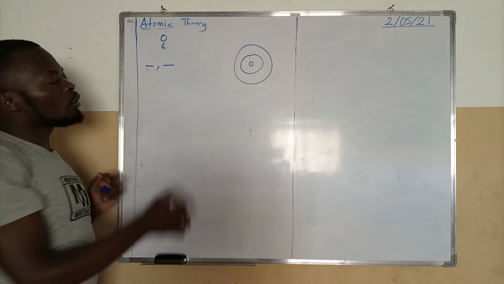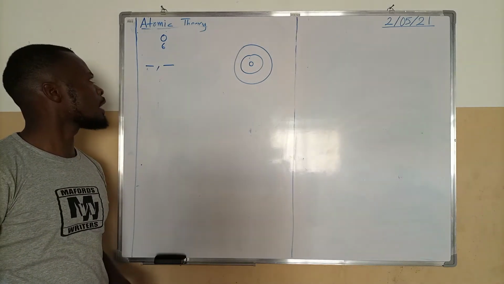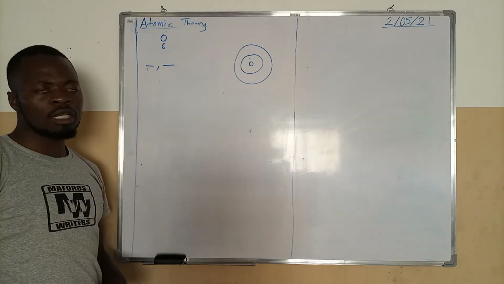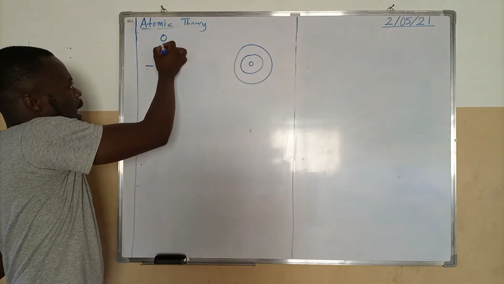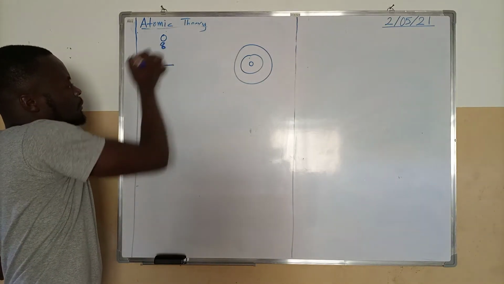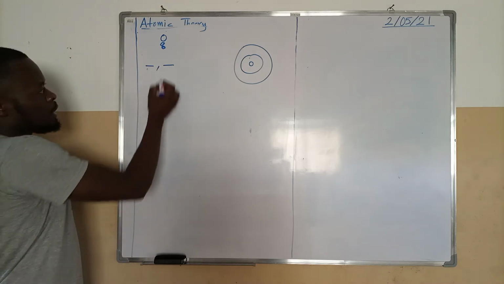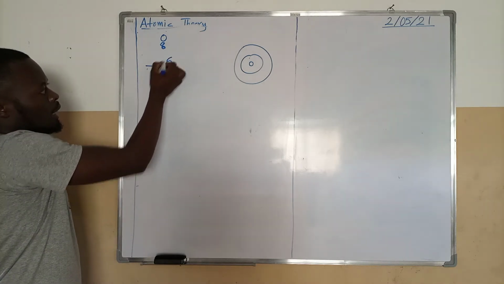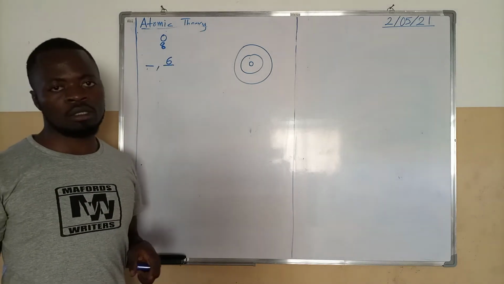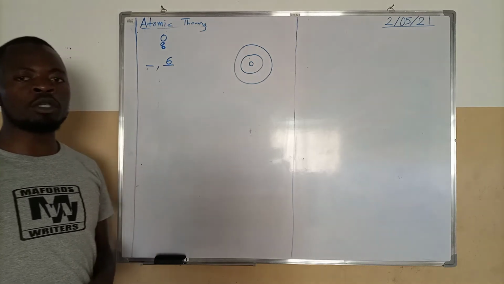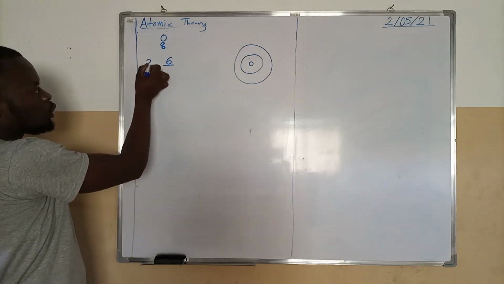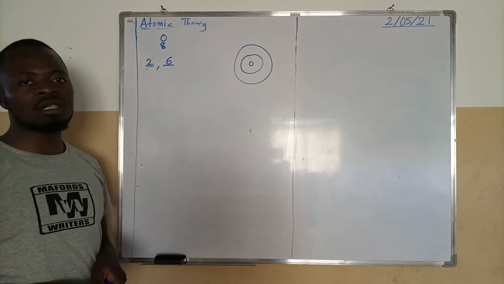Now, oxygen is in group what of the periodic table? Oxygen is in group what? It's in group 6. Actually, oxygen has 8. So it is in group 6, so meaning last shell it will have 6 electrons. The first shell, for it to be filled, has to have 2. So oxygen has 2, 6.